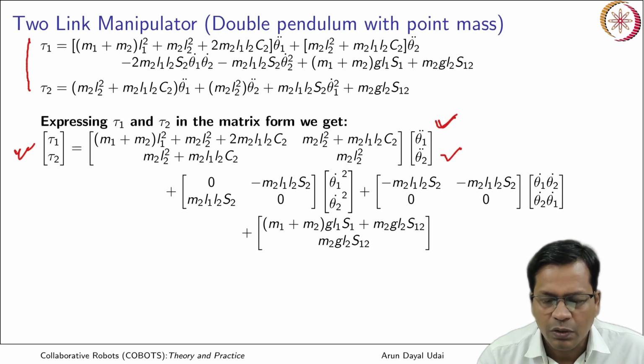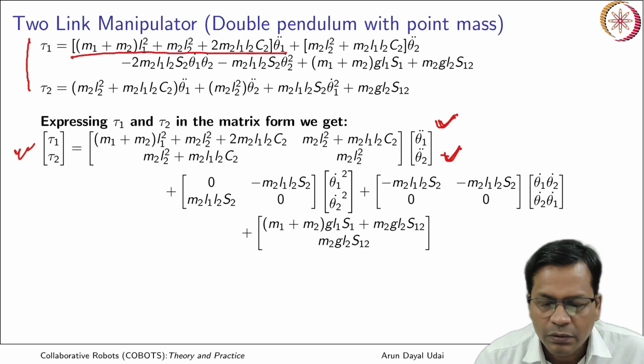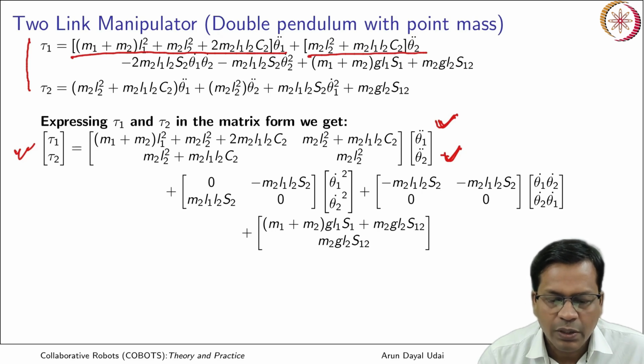So this is your column vector for acceleration, and you are remaining with the terms, this one and this one. All the terms that have this will only remain. In the second one you have this and this. So those terms will appear here.